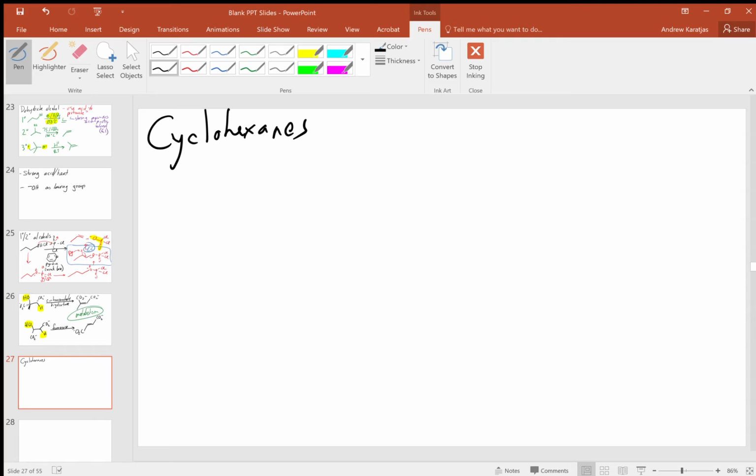The final thing we want to talk about in terms of eliminations is to look at cyclohexanes. Cyclohexanes, and this is specifically for E2 conditions.